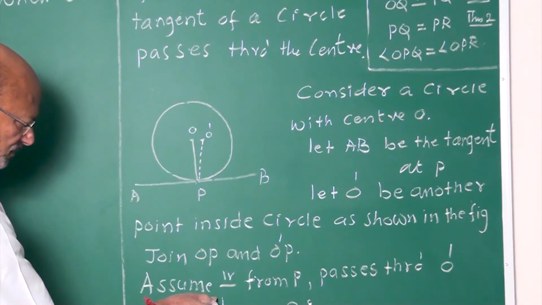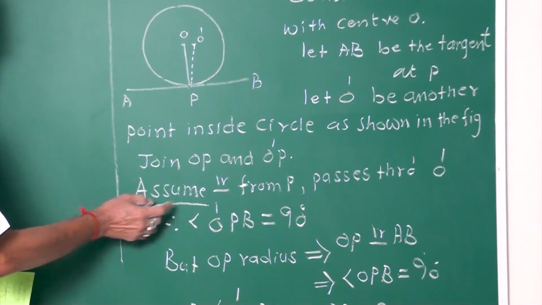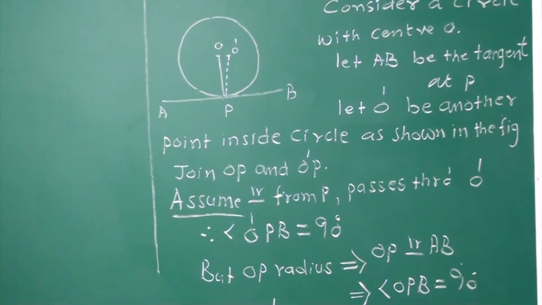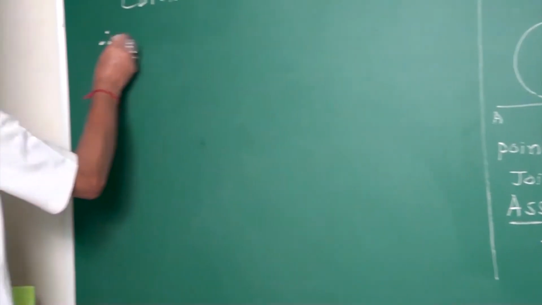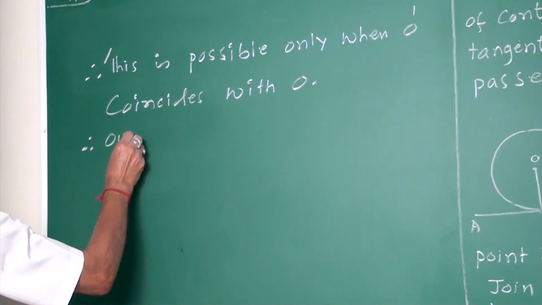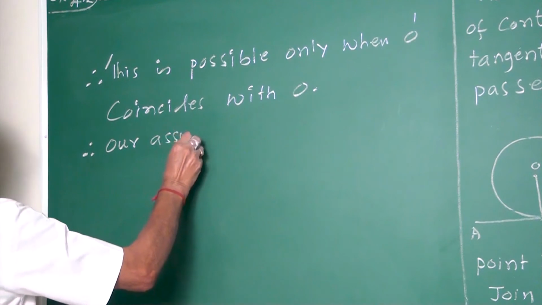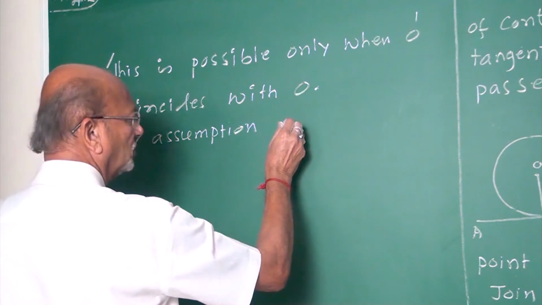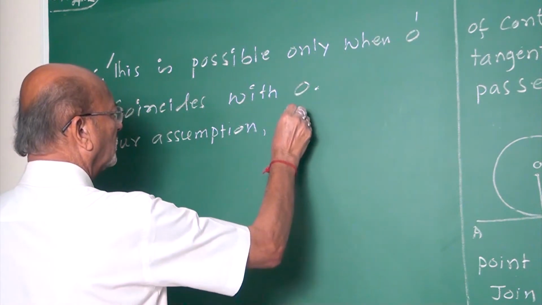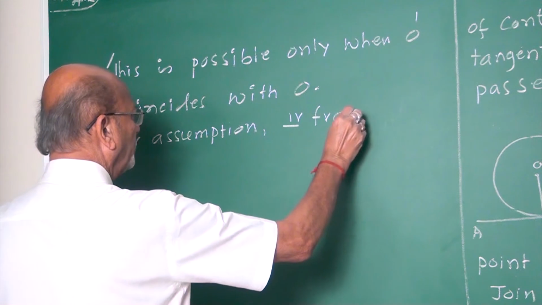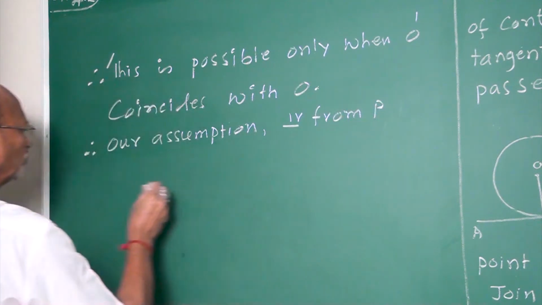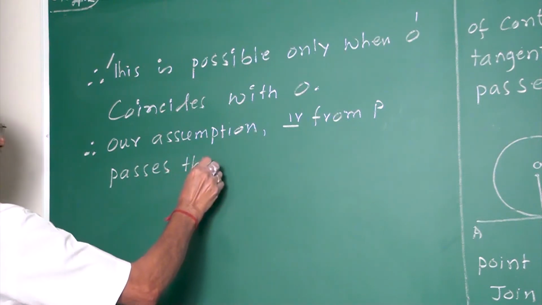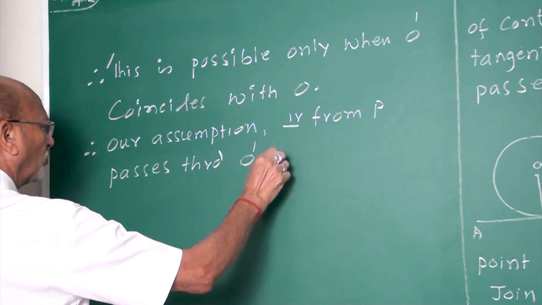Assume that the perpendicular from P passes through O dash. This is wrong.